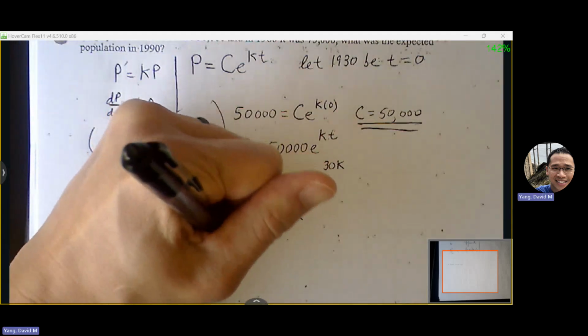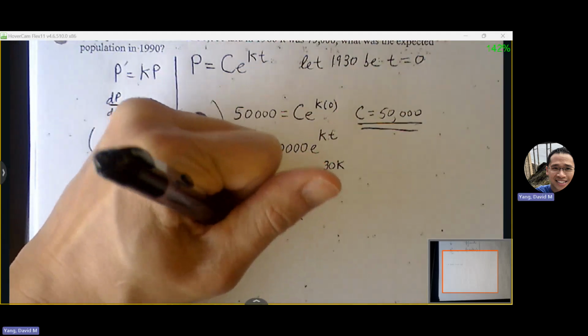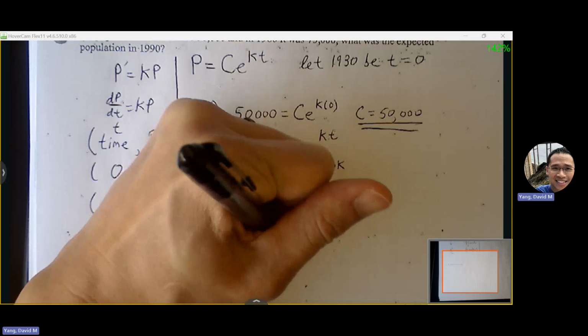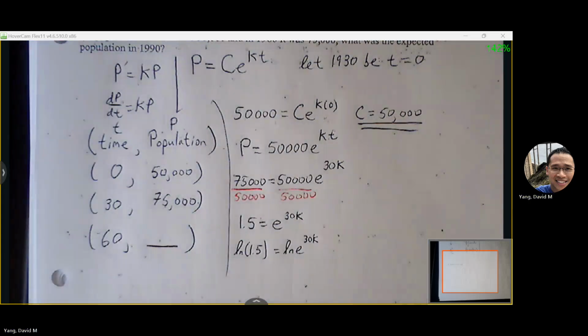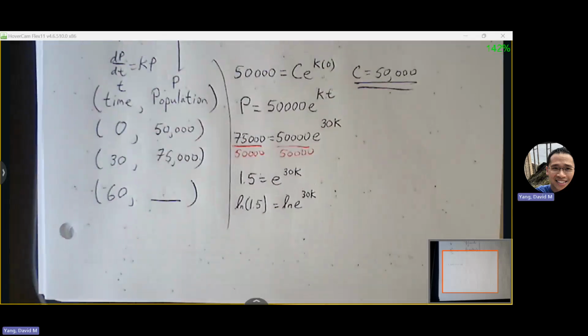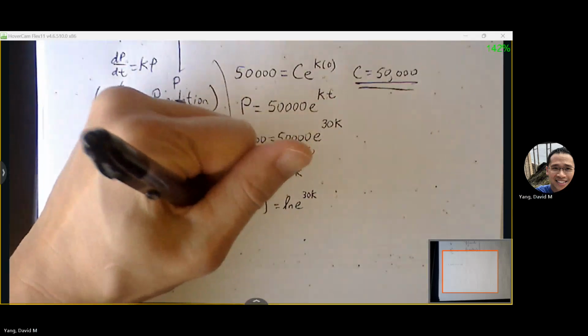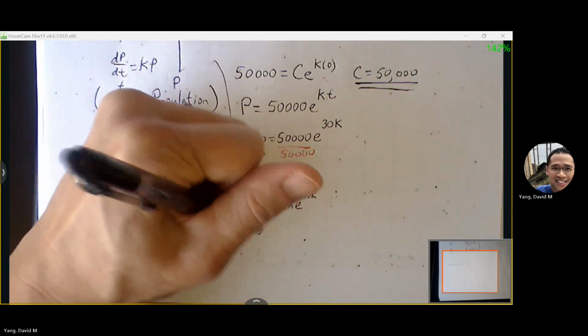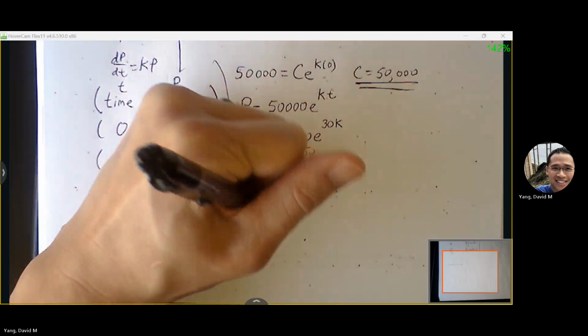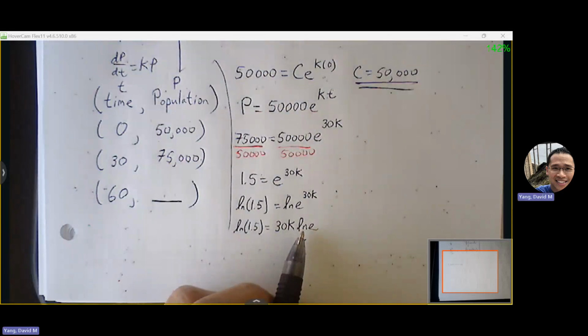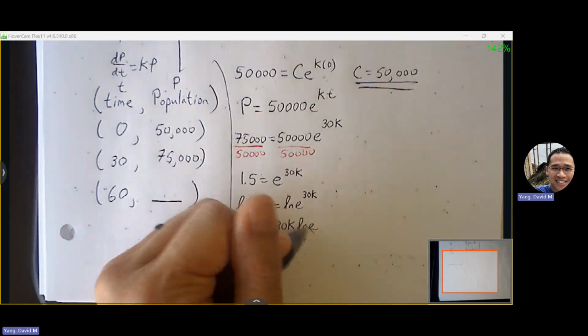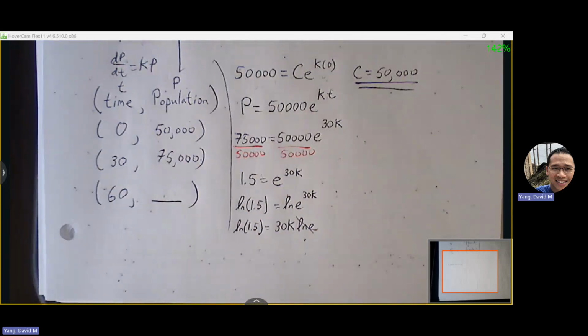So let's introduce natural log into our equation, and that will allow our exponent to freely move in front. Now the 30k can come down. One thing we know is that the natural log of e is just going to be 1, so that's going to go away. So we're left with natural log of 1.5 equals 30k.